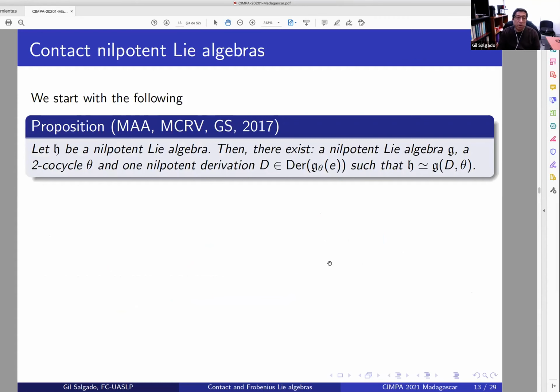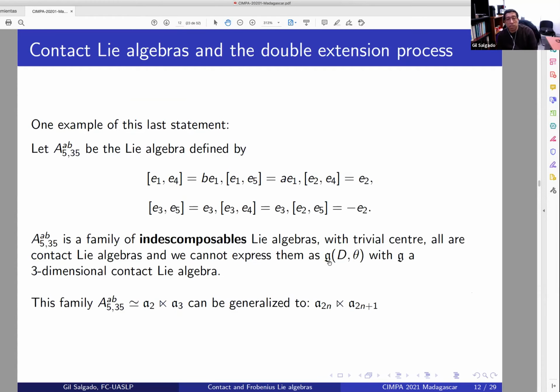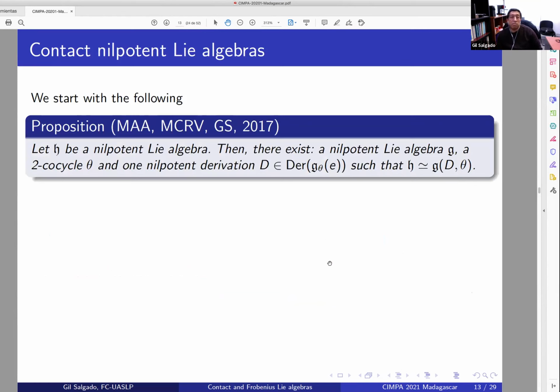Okay, in this moment, we ask: is there any family in which the double extension process generates all the elements of this family? And well, the answer is yes.